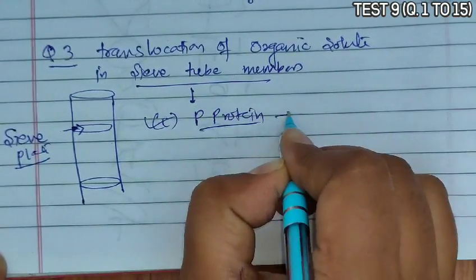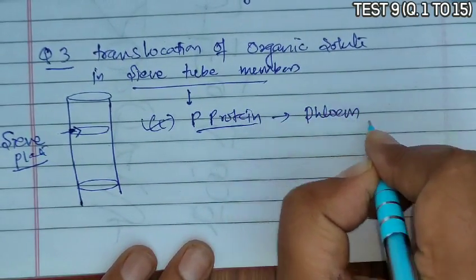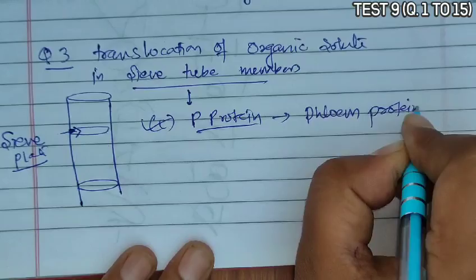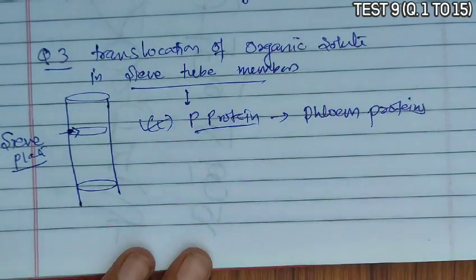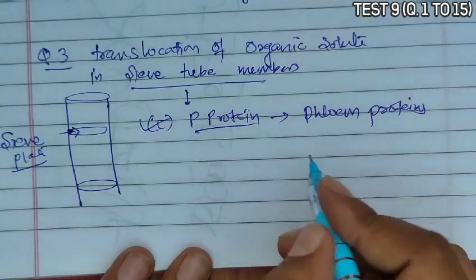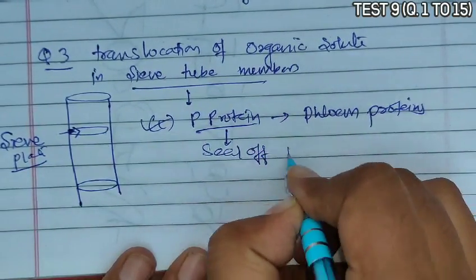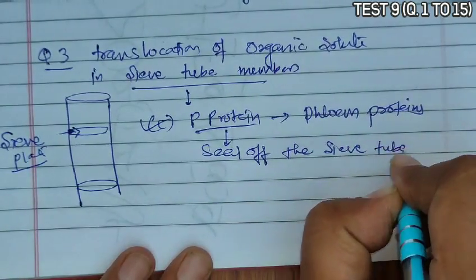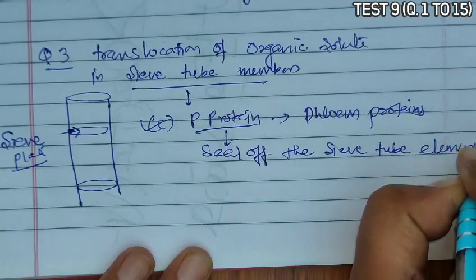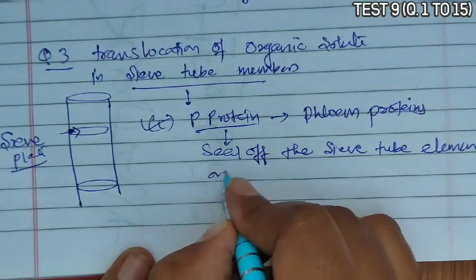Now first we understand what P-proteins are. P-proteins are nothing but phloem proteins, and these are the components found in large amounts in the phloem sieve tubes. The main function of these bodies is to seal off the sieve tube element or sieve cell.